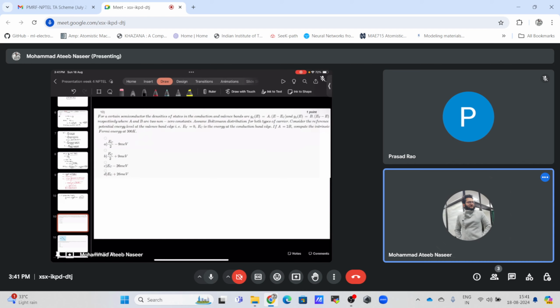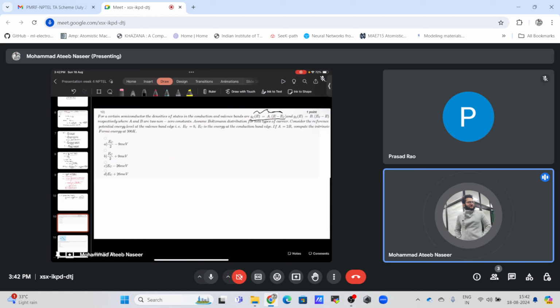Now moving to another problem, which says that we have a semiconductor with a given density of states. In this problem, the density of states is a linear function of energy: gc of E is simply A times E minus EC, where A is a constant, meaning the states are a linear function of energy.